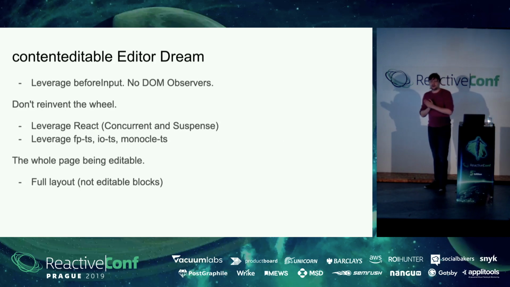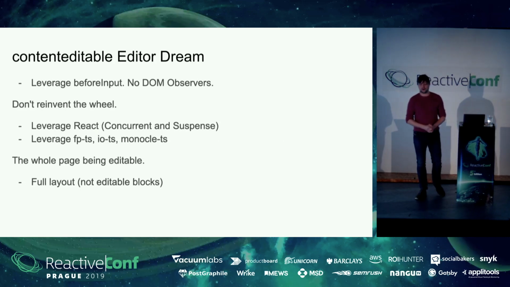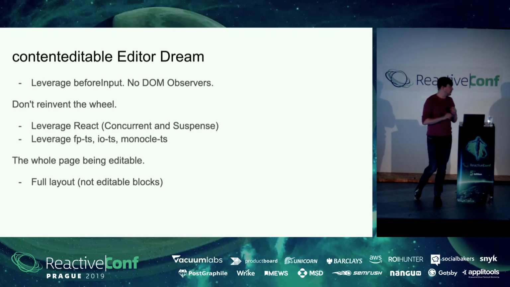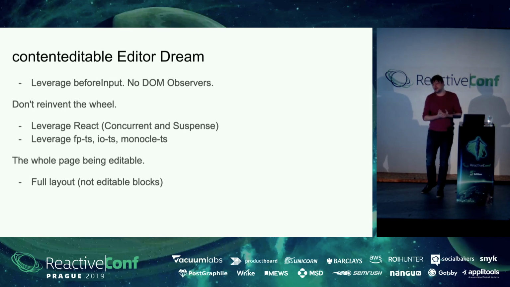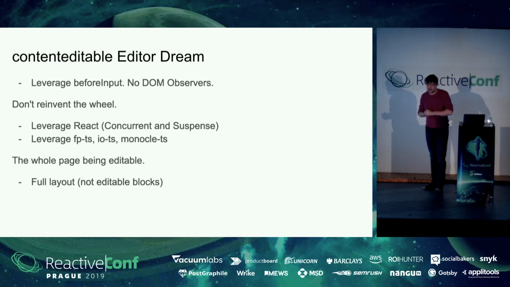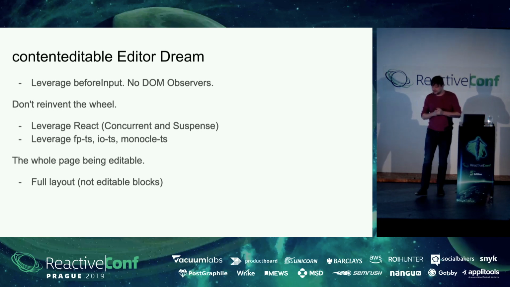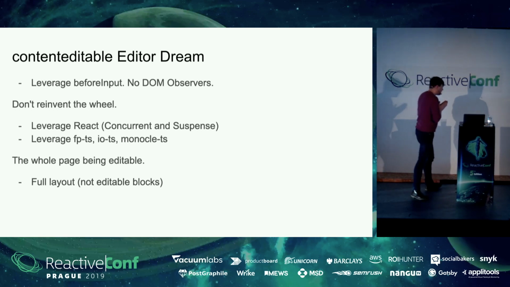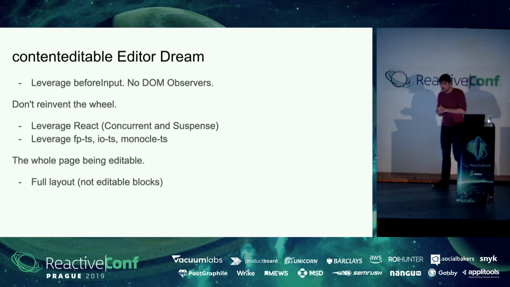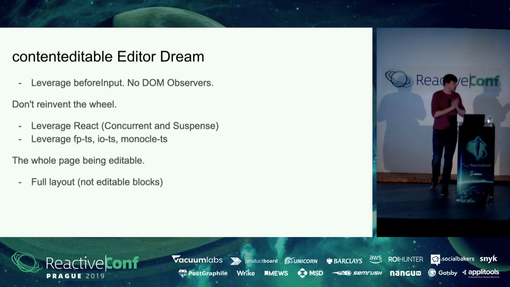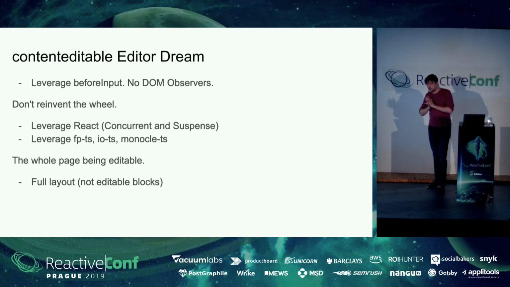The content editable editor dream is based on beforeinput, no DOM observers. Also, because it's fresh and new, we don't have to reinvent the wheel. We can leverage React, and mainly we can leverage this beautiful ecosystem of functional programming libraries, which allow hugely simplified code.